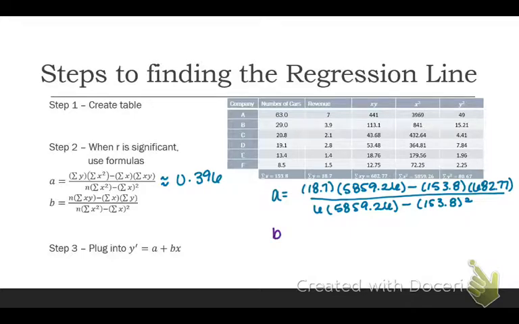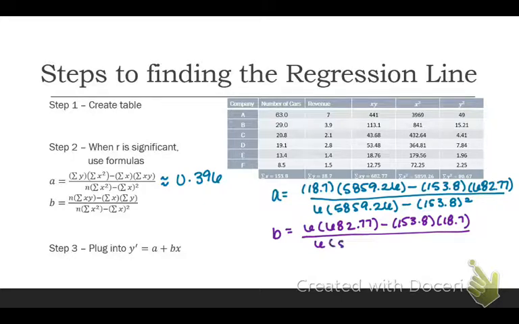So B is going to equal 6 times, x times y is going to be that 682.77, minus the sum of x times the sum of y, which is 153.8 times 18.7. All of that's going to be over 6 times that 5,000 number minus 153.8, let's put this in parentheses, squared.